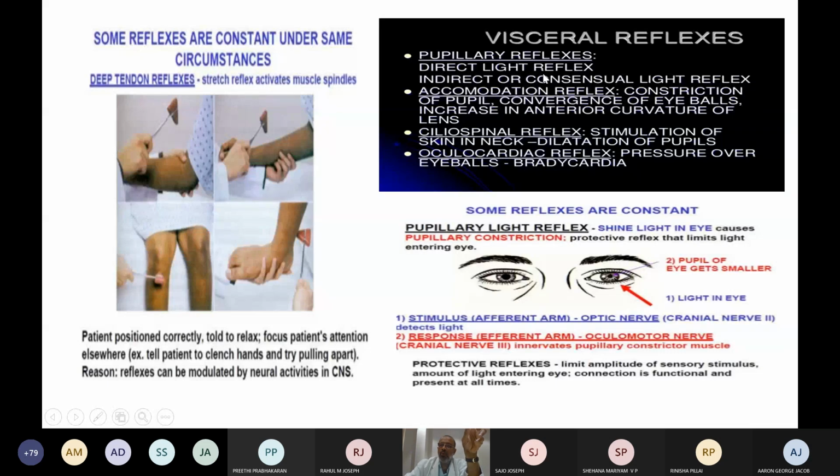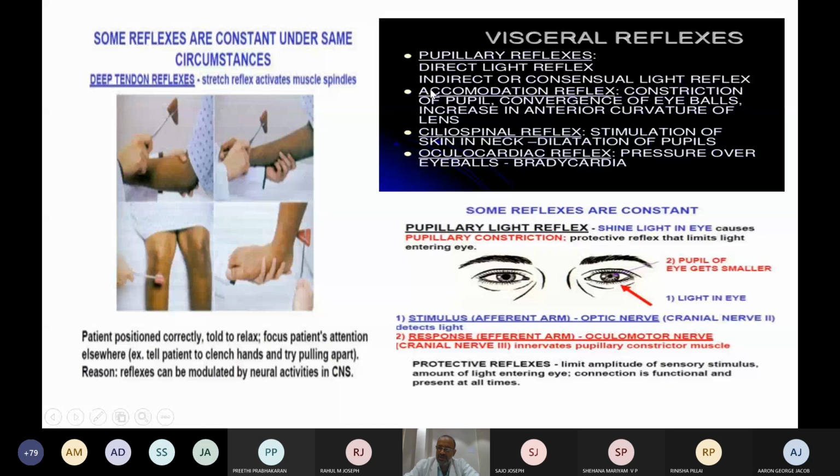Where the light is shown, there you are going to see the pupillary constriction. You have the optic nerve as an integral nerve involved in this.